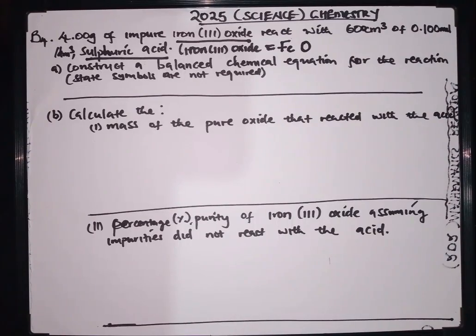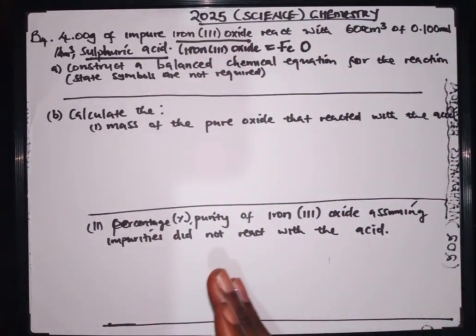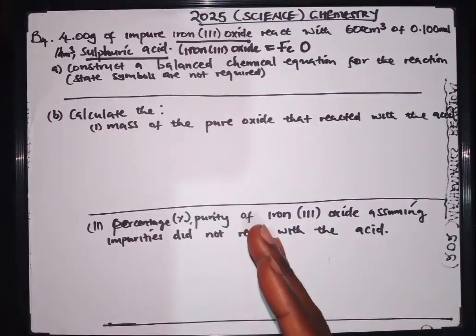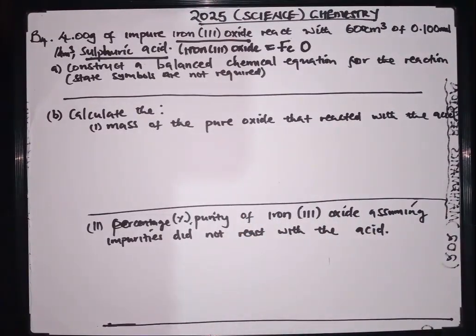But remember, here the question is saying iron 3, which means the valence for iron is 3, because they have already told you it's iron 3 oxide. Then from the periodic table, we know that oxygen is in group 6.